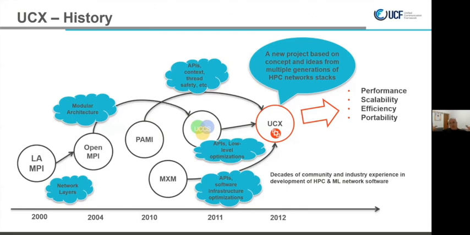We took the good parts from all of those frameworks and combined them together into UCX. UCX was aiming at performance and portability, so you can use it on a small system or on large systems, a variety of infrastructures, and so forth. That was the motivation, and the rest is history. Next one, Oscar.